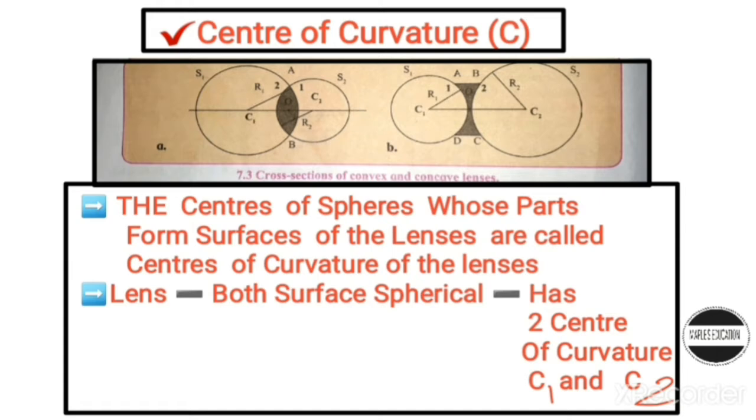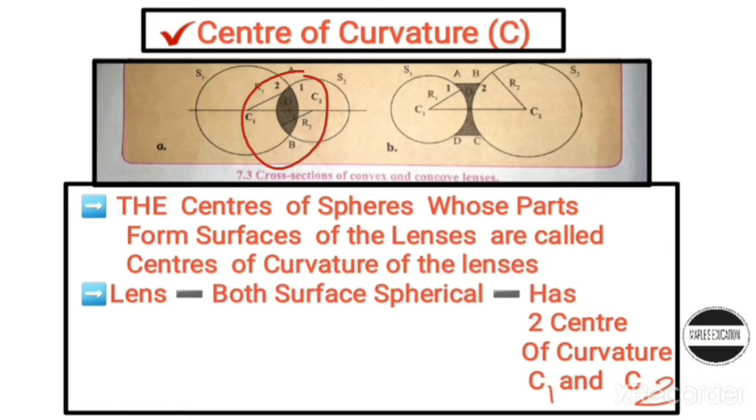Okay. Now, moving to the next part, first we'll understand what we exactly mean by the term center of curvature. As you all can see in the diagram above, you can see two different spheres. And you can see there is a part of the sphere in the middle that is shaded, this part, right?